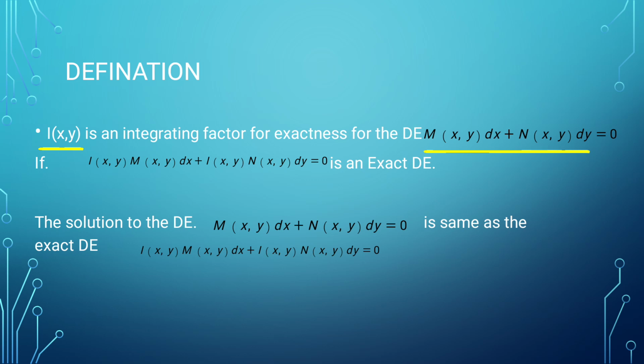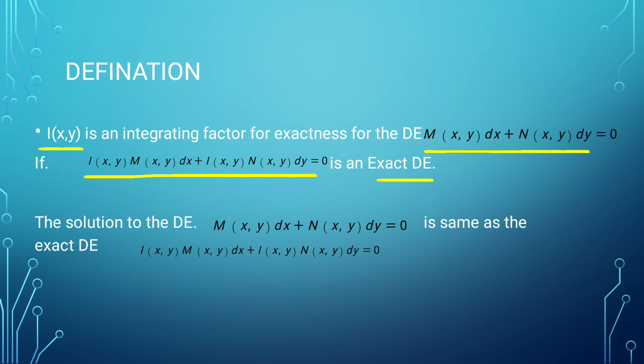we say it's an integrating factor for that particular differential equation if you multiply every part of M and N with it, you don't change the solution, so the solution is still 0. So for this case you have changed it to become an exact DE.